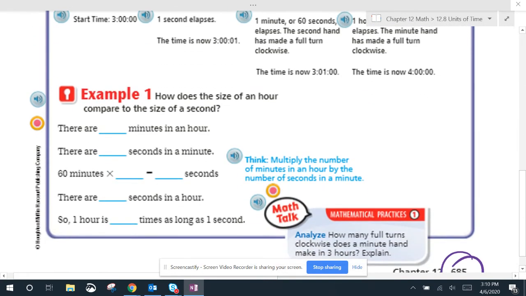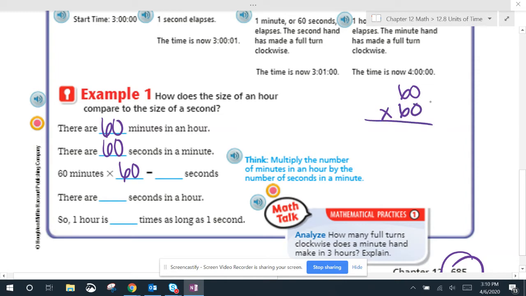So let's go ahead and compare. How does the size of an hour compare to the size of a second? Well, we know that there are 60 minutes in an hour, and there are 60 seconds in a minute. So in order to compare seconds and hours, I need to multiply those two. So 60 times 60. I'm going to come over here and do some side math.